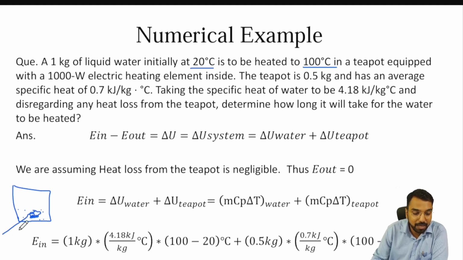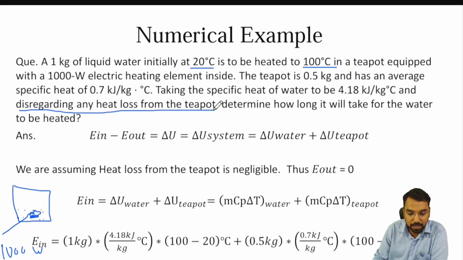Similarly, here we are using an electrical heating element of 1000 watt to heat this water from 20 degrees Celsius to 100 degrees Celsius. The specific heats of the teapot and the water are given, and it is specifically mentioned to disregard any heat loss from the teapot. So the energy loss from this teapot will be neglected.